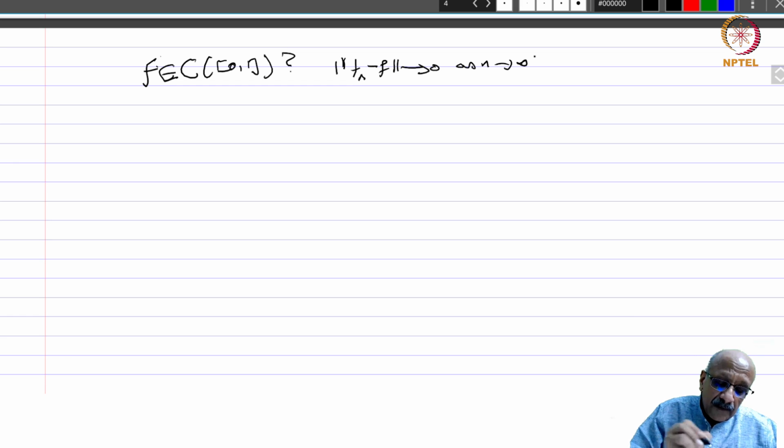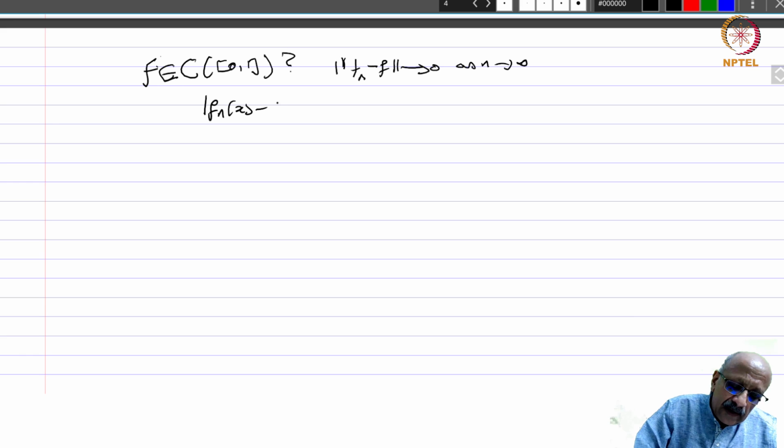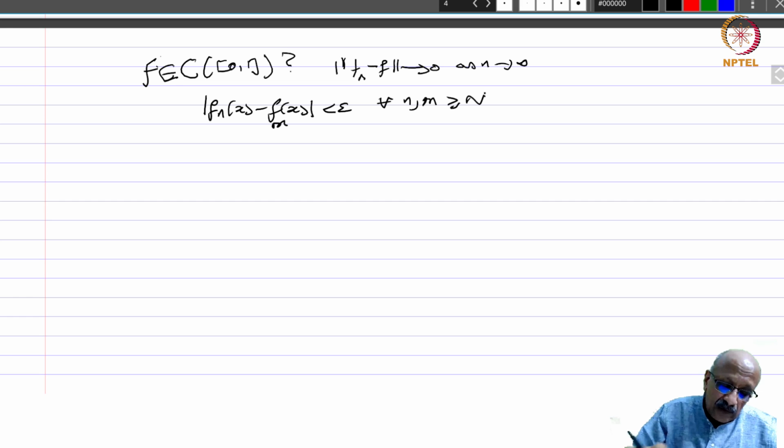So first of all, we have that |f_n(x) - f_m(x)| is less than epsilon for all n, m greater than or equal to capital N. This is what we saw. So you fix n and let m tend to infinity.